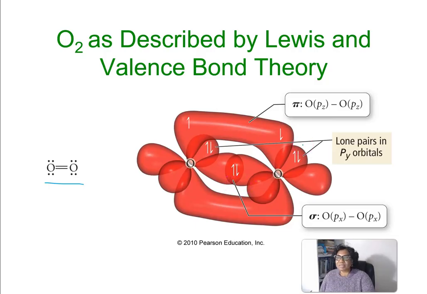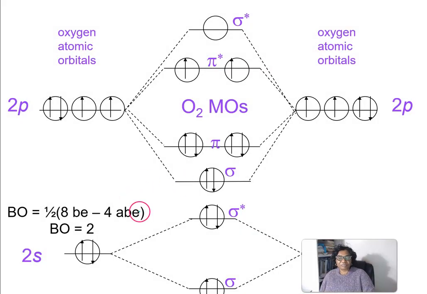But let's look at the molecular orbital diagram for oxygen. These are the atomic orbitals. They have a total of 8 electrons which they mix.